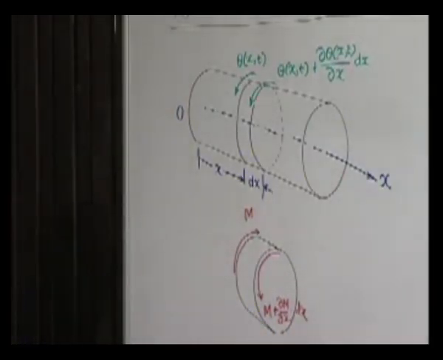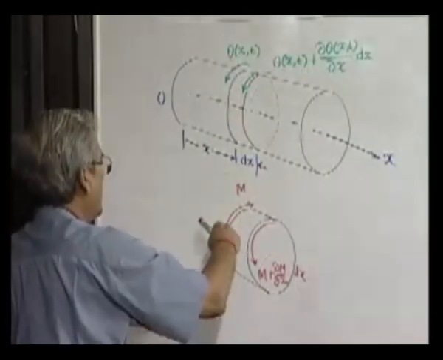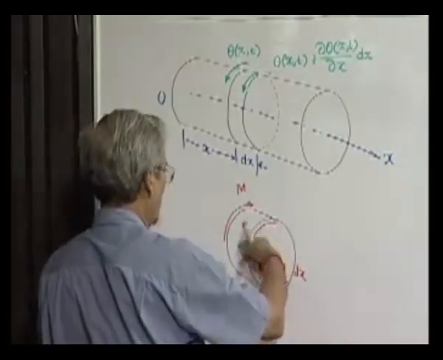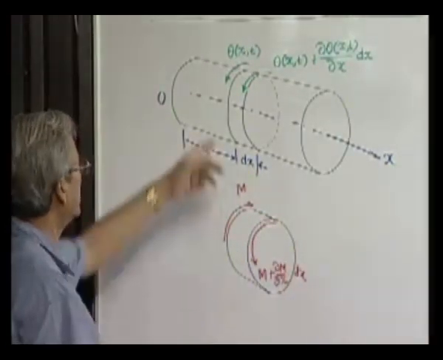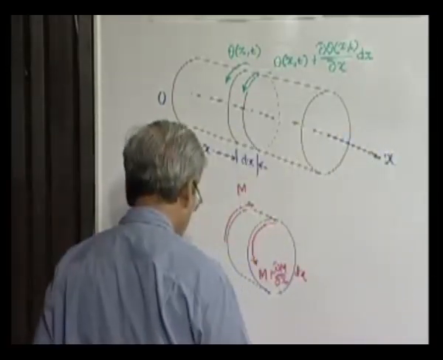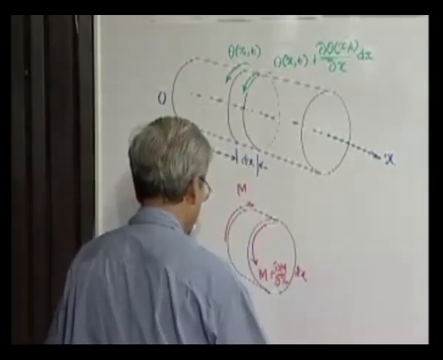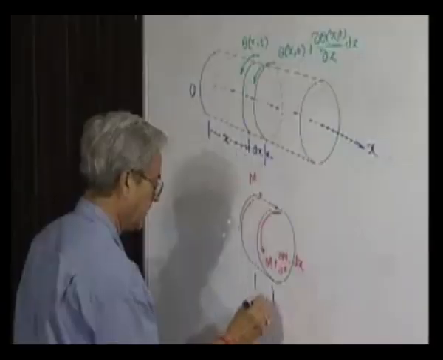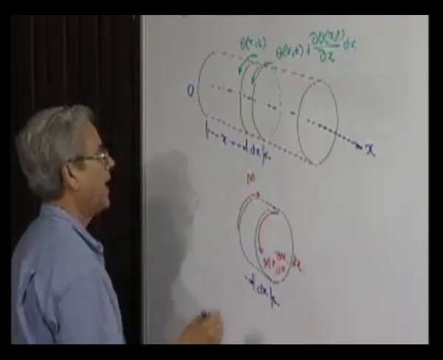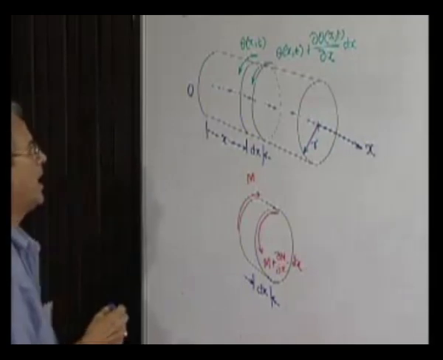So there will be two moments, one on this face, because of the twist, which will be subjected to a resisting moment, and this face will be subjected to a moment in the positive twist direction like theta. So therefore, we can say this is a shaft of length dx, and of course we have not mentioned the size. Let us consider the radius to be r.